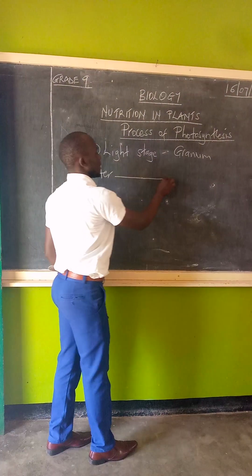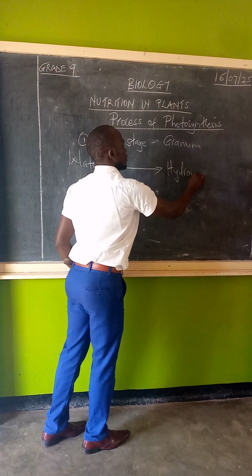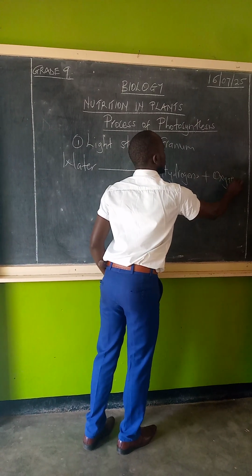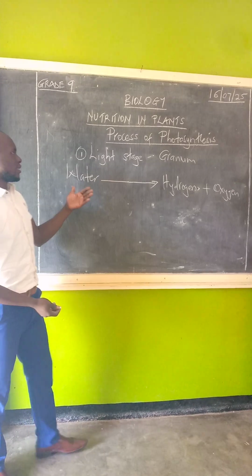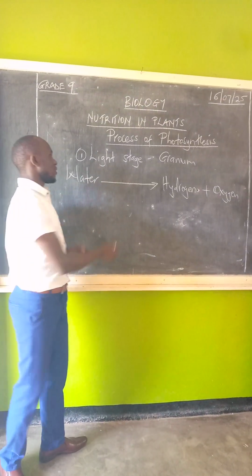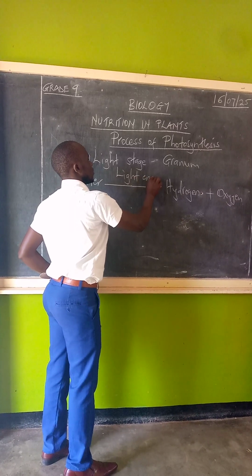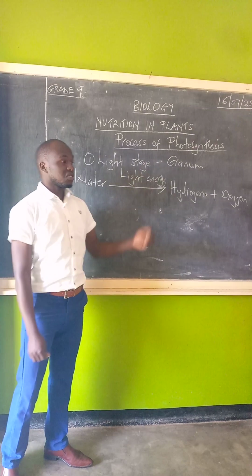Water is being broken down into hydrogen and oxygen. As the water molecule is broken down, it is broken down in the presence of light energy. This light energy can be sourced from sunlight.